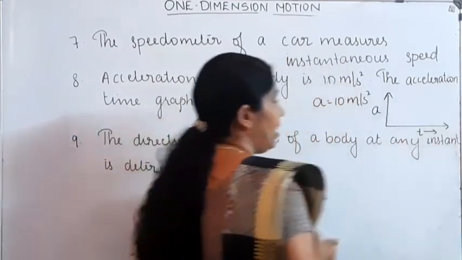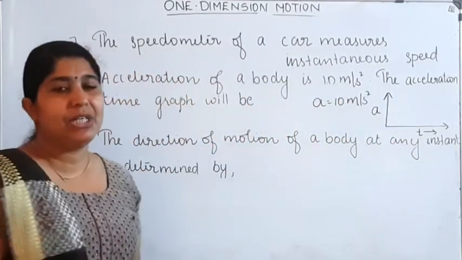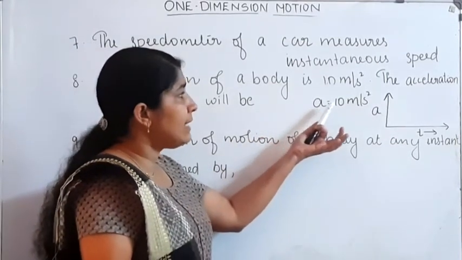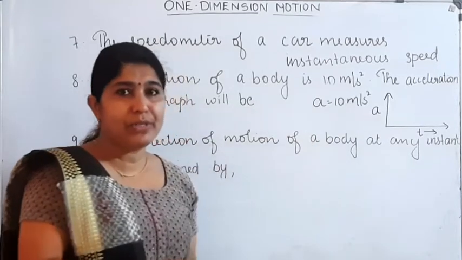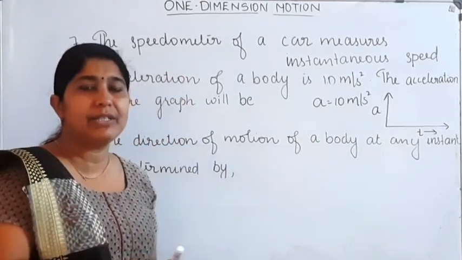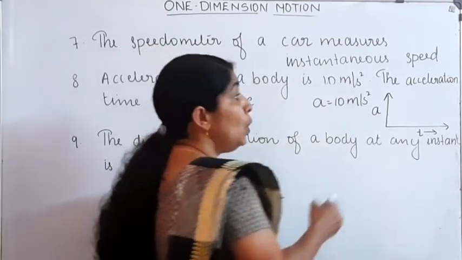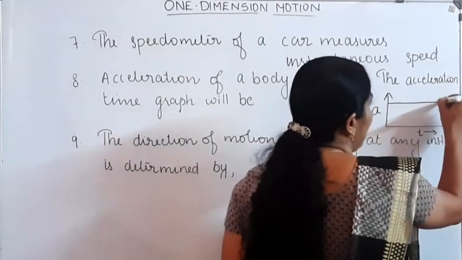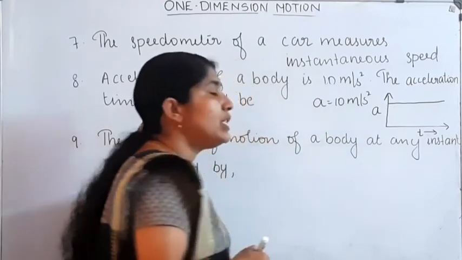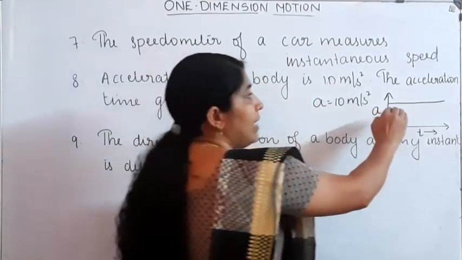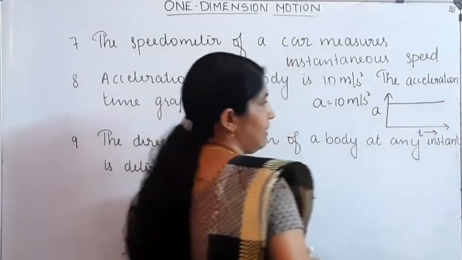From the data given, acceleration is equal to 10, a constant value. So the graph is a straight line parallel to the time axis, because acceleration does not vary with time.